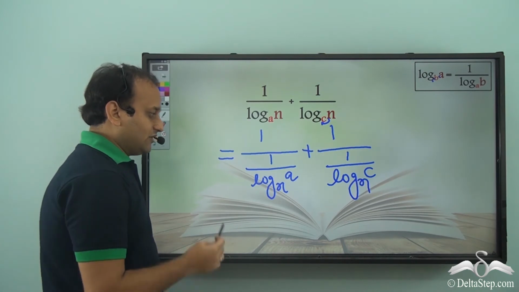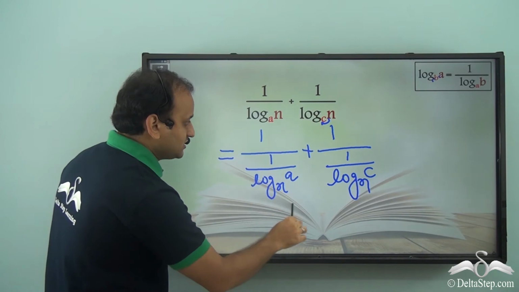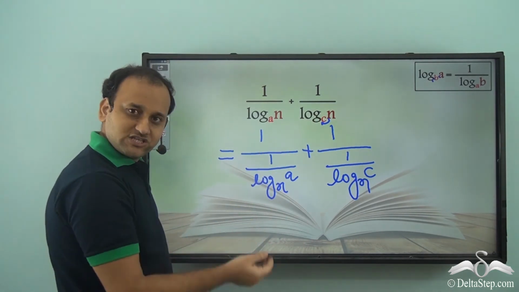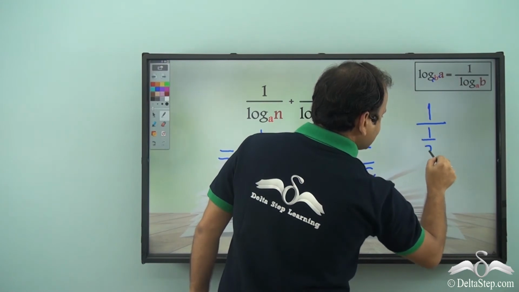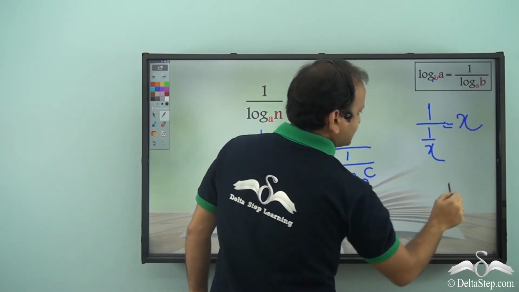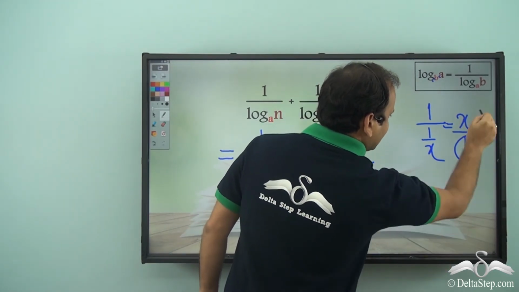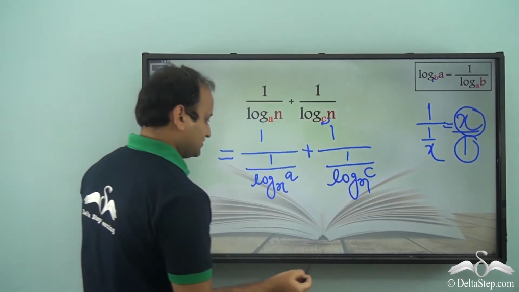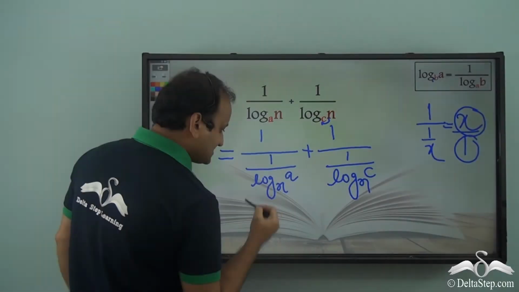Now again, we know that if we want to bring the denominator to the numerator, we will have to reciprocate it. That is, if we have 1 by x, then it will come as x at the top by 1. 1 can be ignored, so we can directly write x as the answer. So similarly here, we have 1 by log a to the base n.